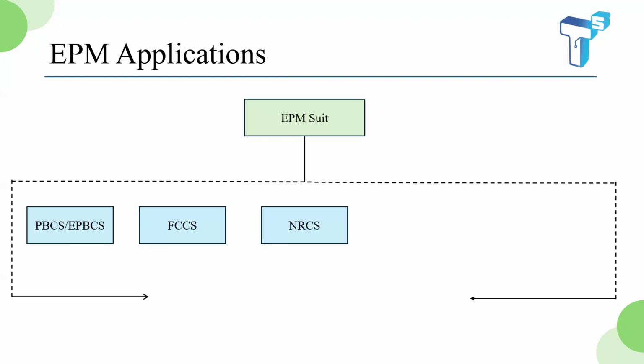If you want these two reports to be in one particular shared drive, where whatever changes you make will be reflected on the PBCS application and on the FCCS application, and if you want to provide any additional comments, and build a PPT based on data available in the PBCS and FCCS applications, then this Narrative Reporting Cloud Services application will be very useful to you. You can integrate all the Oracle applications here, including the SQL table.